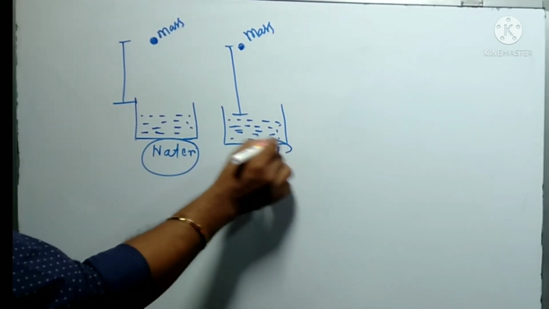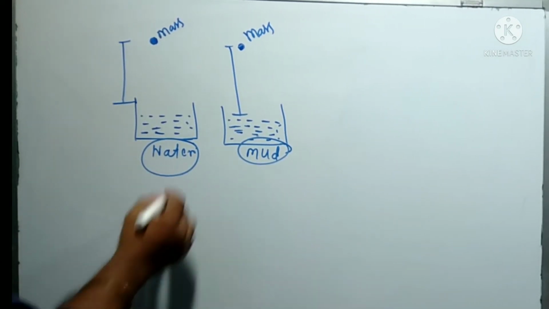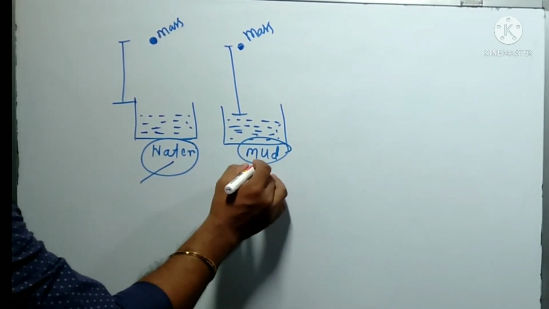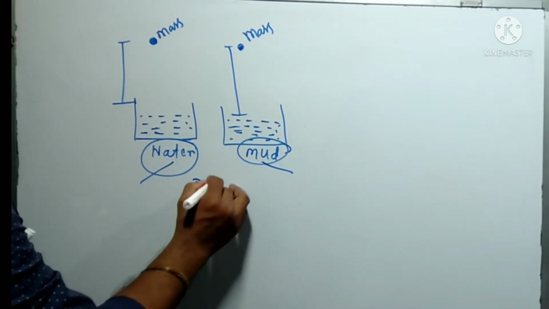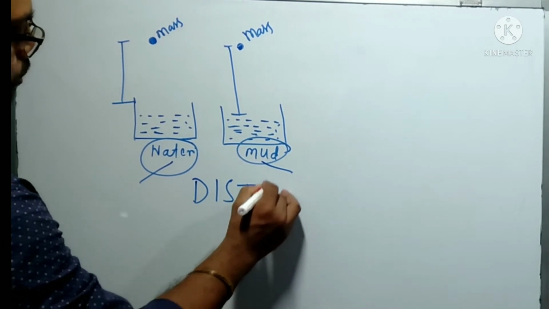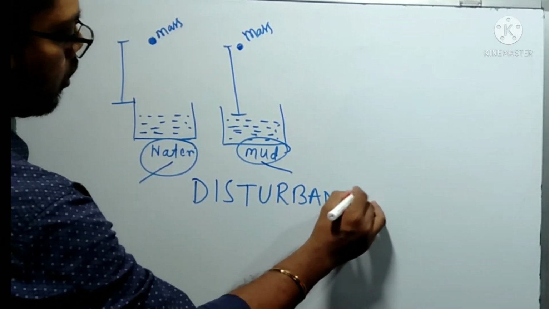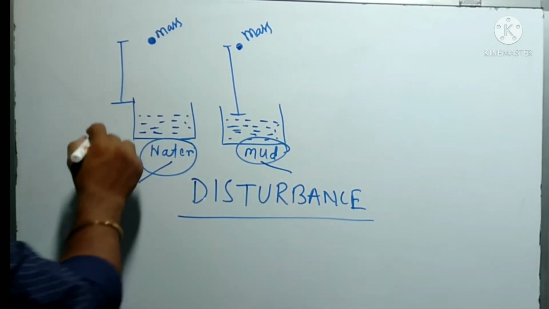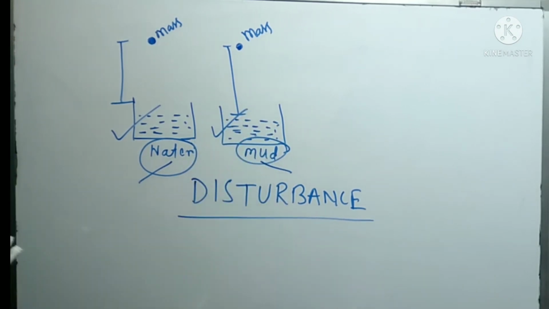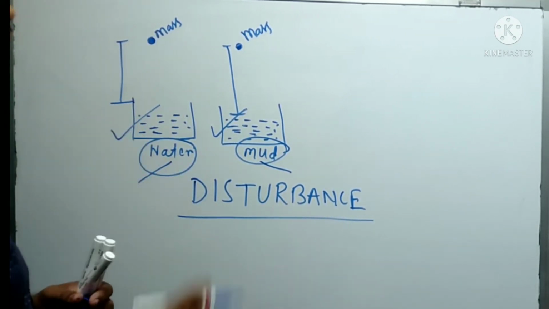In case of water and in case of mud, the disturbance will be different. What will be the difference? The disturbance created in these two fluids, that means in case of water and in case of mud, will be different. This is because of kinematic viscosity.